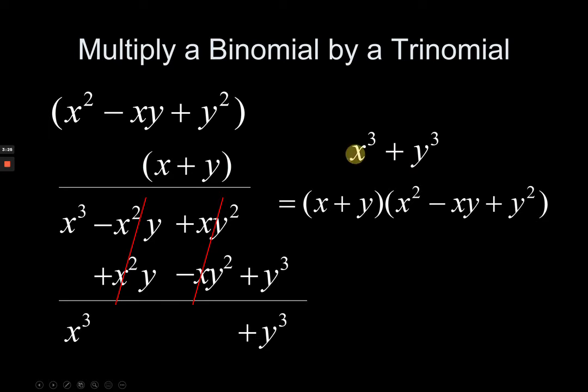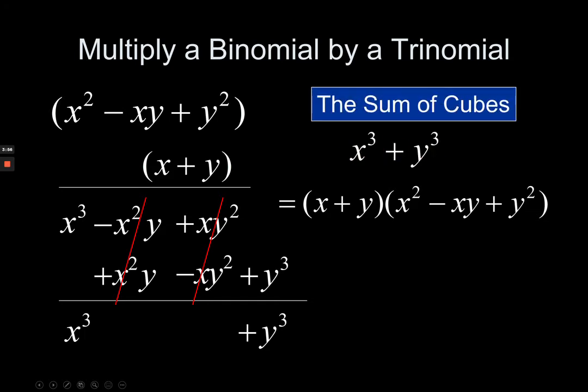Therefore, the factor of x cubed plus y cubed is this: x plus y multiplied to x squared minus xy plus y squared. And this is the case of the factoring of your sum of two cubes. It was shown in a different approach, just to prove that this is indeed the factor of this sum of two cubes.